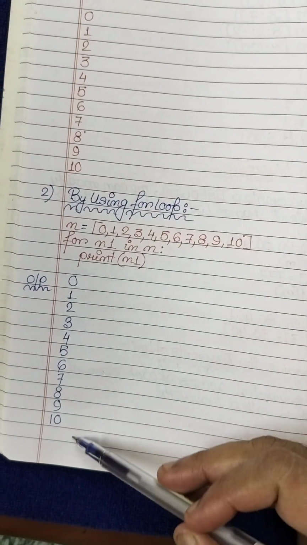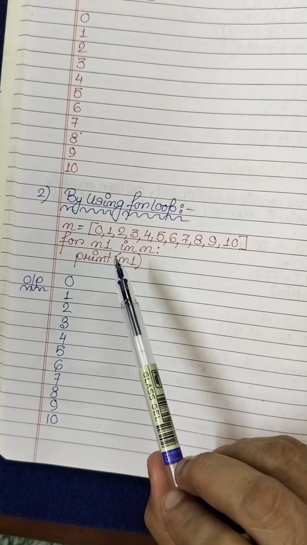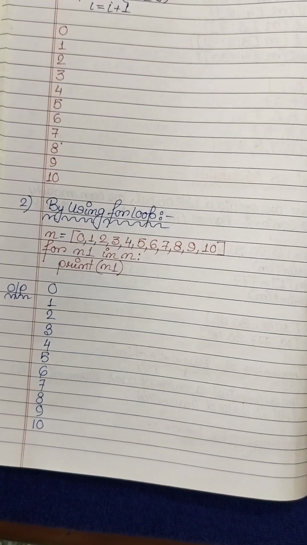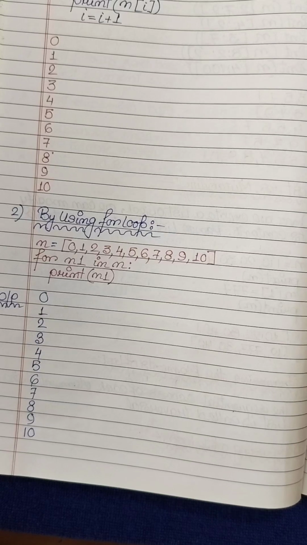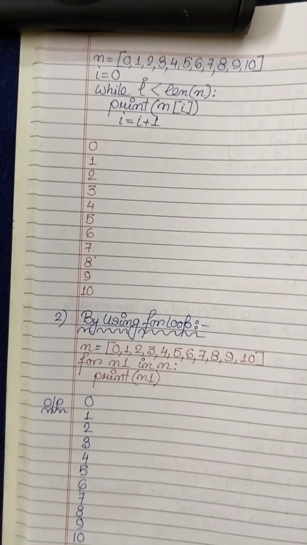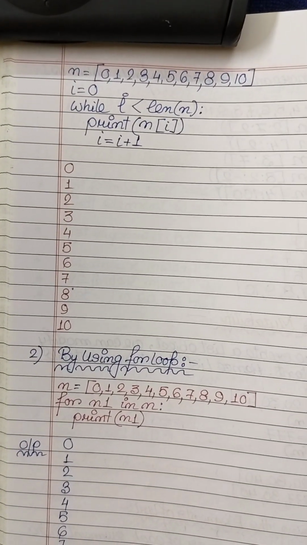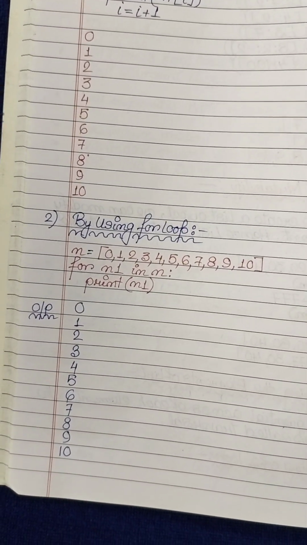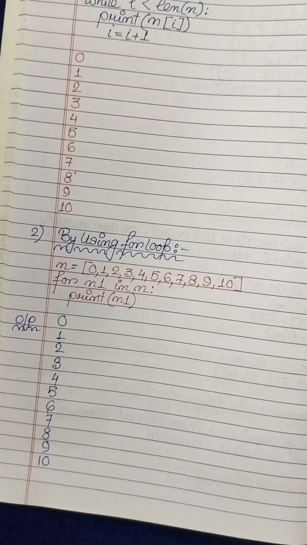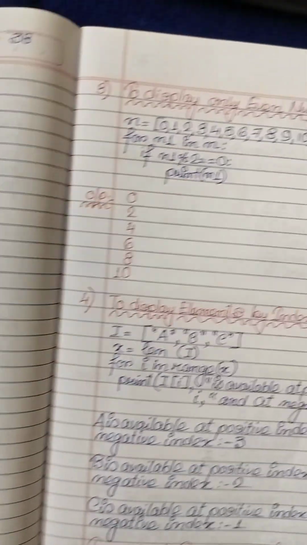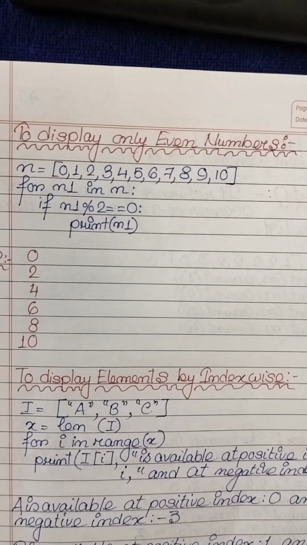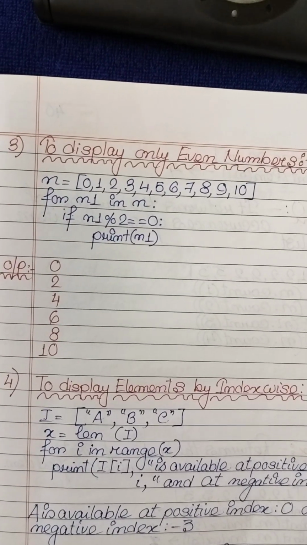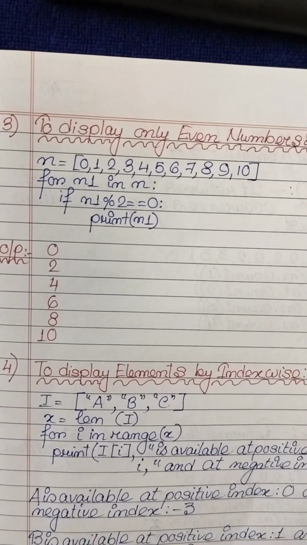This is how I am traversing the elements using for and while loops. This is the while loop example, and now by using a for loop, traversing can also be done. Okay, good. So next, to display only the even numbers, how will it be possible?